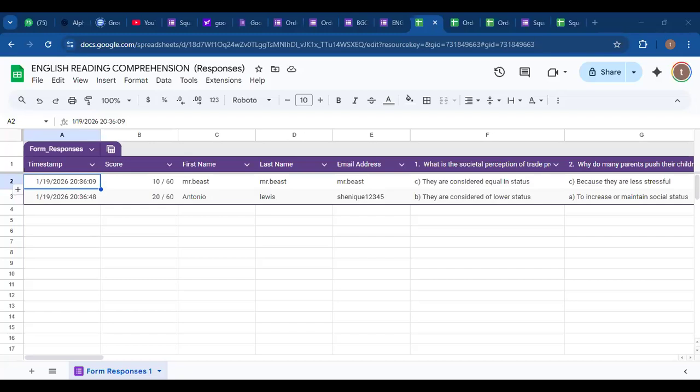Ashanti and Antonio Lewis, what number are you all on? 17. 8, 7, because I have to redo it. Better redo it. Ayana Smith, what number are you on? 12. Okay, good.